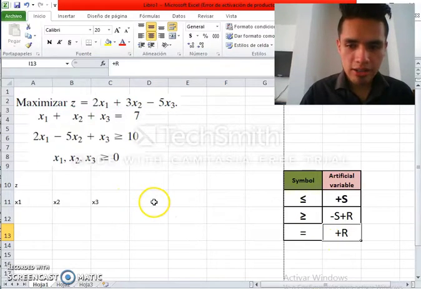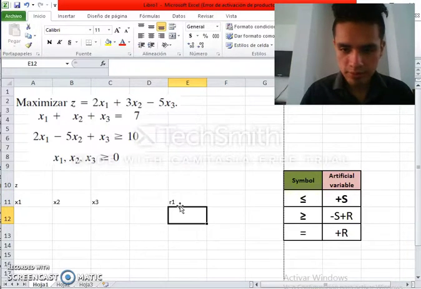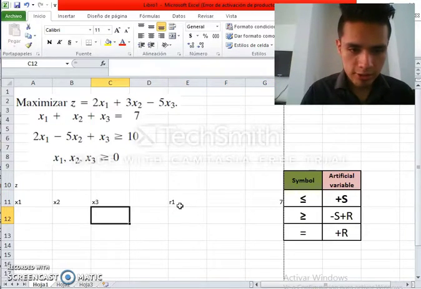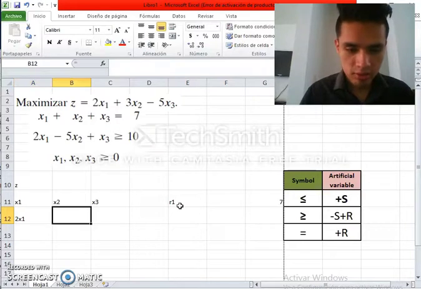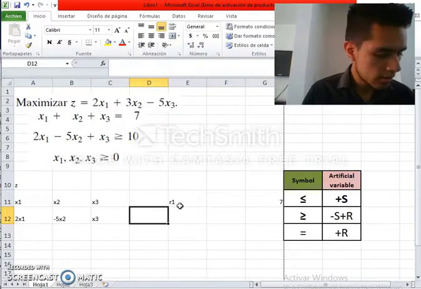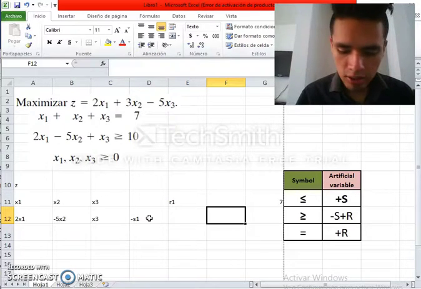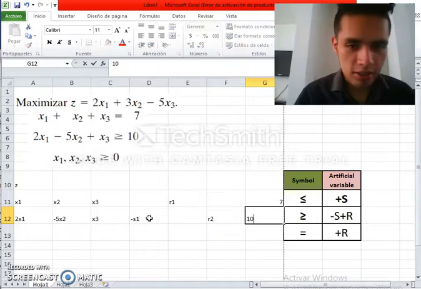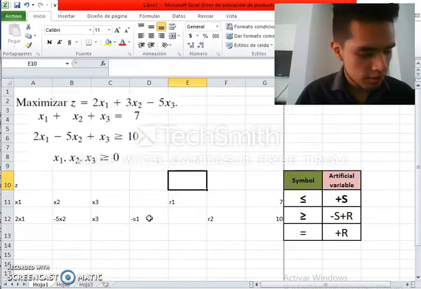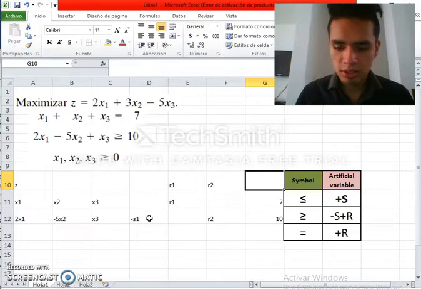This is at r, R1, equal 7. 2x1 minus x2, x3 minus s1 plus r2 equal 10, and C is the sum of the r. This is R1 and R2 equal to 0.